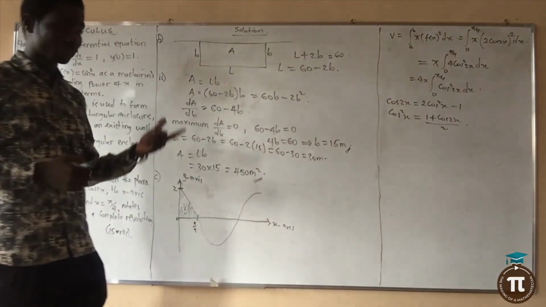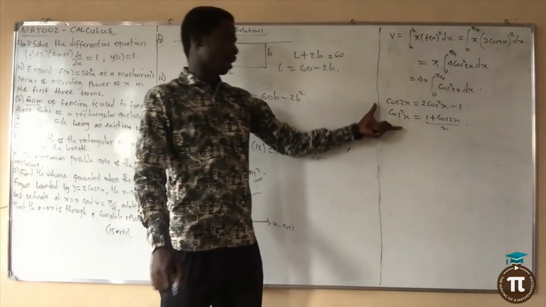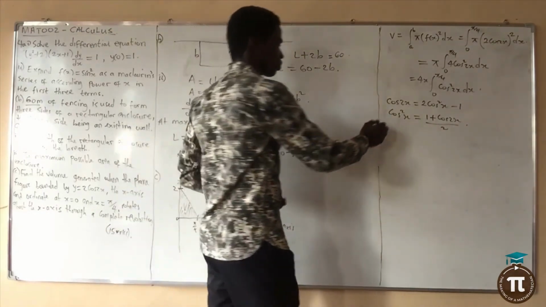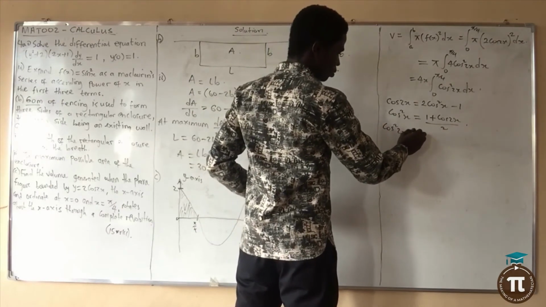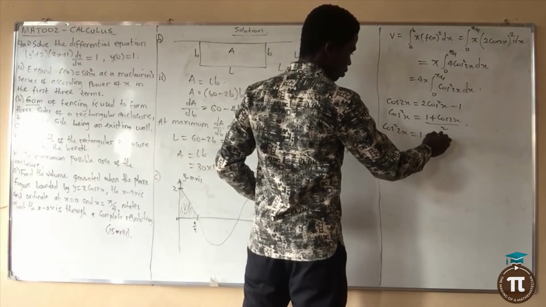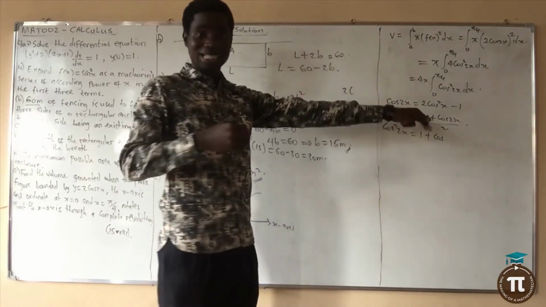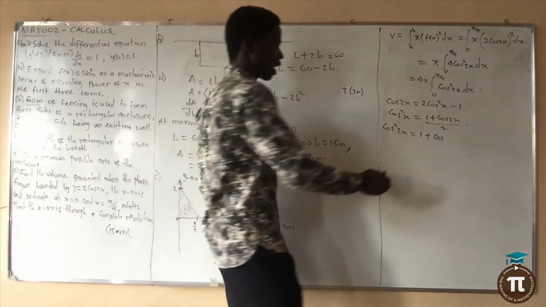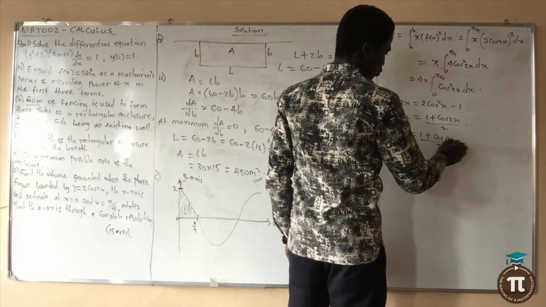Now, since I have cos squared 2x, anywhere you see x, replace with 2x. So I have cos squared 2x equal to 1 plus cos of 2 times 2x, and 2 times 2 will give me 4. So I have 1 plus cos 4x divided by 2.